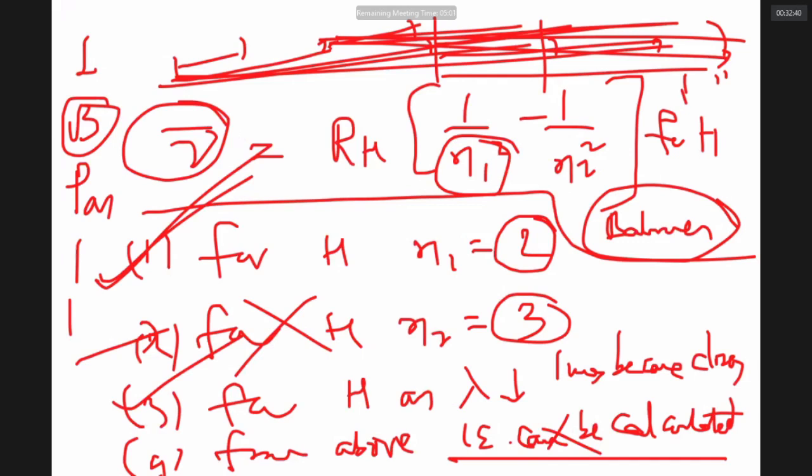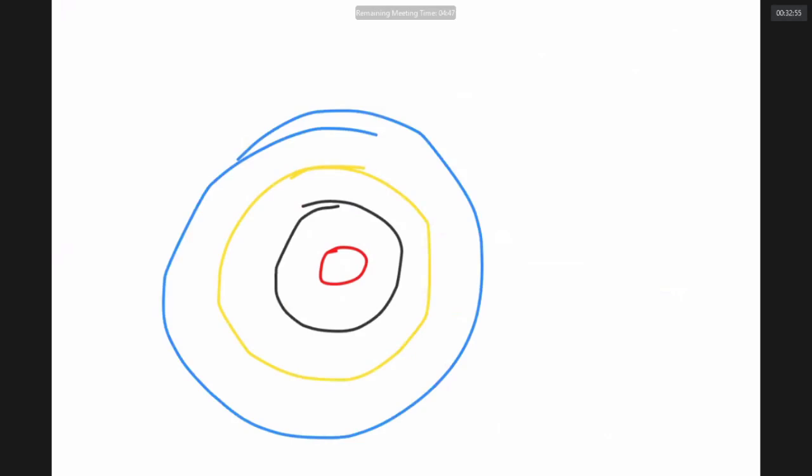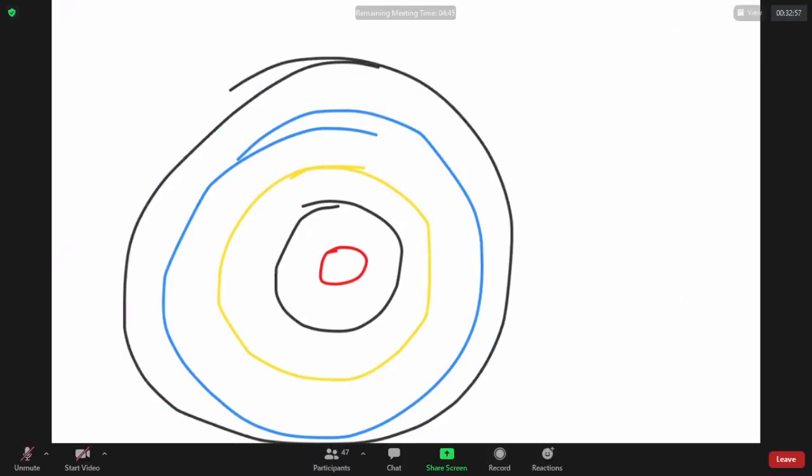Third point, one second, sir. What is the third point? Electron is going from 1 to 2. It is the first spectral line in the Lyman series. Let us take the Lyman series.